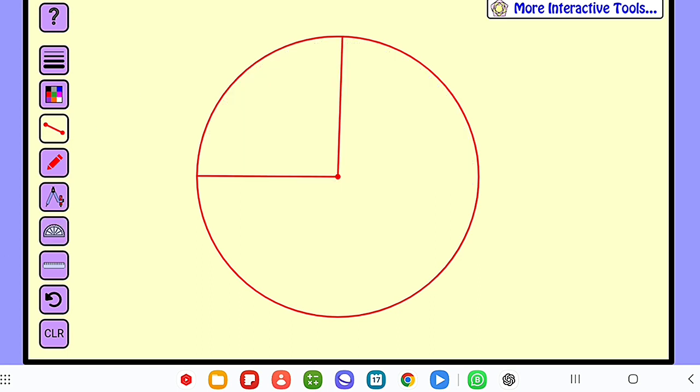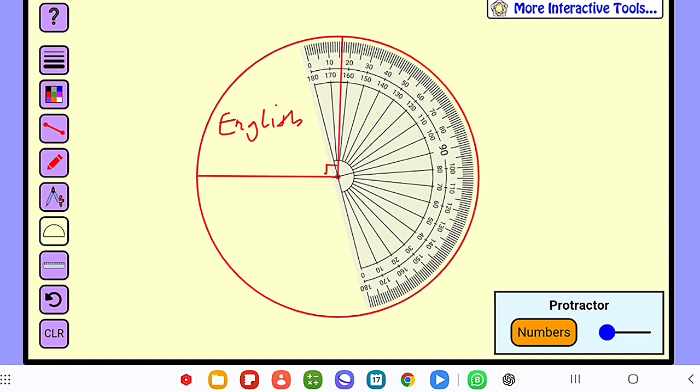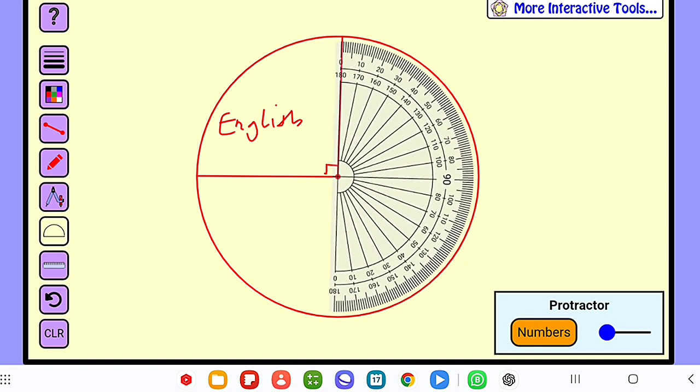Then you write English. This is English. And you should know that this is 90 degrees. Then bring back the protractor again. Place it here. We're going to construct the second angle, which is 72 degrees.